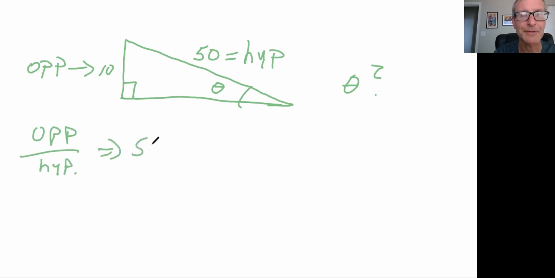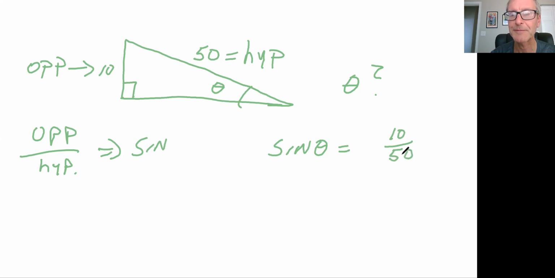So what is opposite over hypotenuse? That's our sine function. So to do this calculation, what we have is sine of theta equals opposite, which is 10, and hypotenuse, which is 50. So how do we get rid of sine and get our theta back? Well, what we want to do is take the inverse of both sides, just like we were doing before, right?